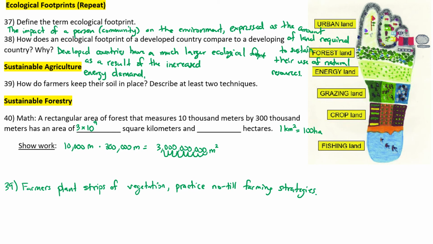So I'm going to move that decimal 3 places, and then it turns into 3 times 10 to the 6 square kilometers. And now I can use dimensional analysis. So 1 square kilometer, 100 hectares. So when I do that, I get 3 times 10 to the 8 hectares.